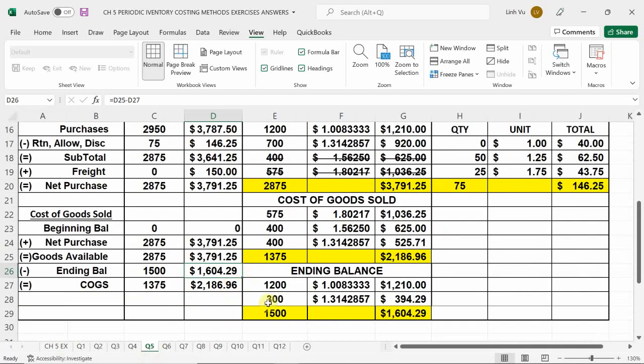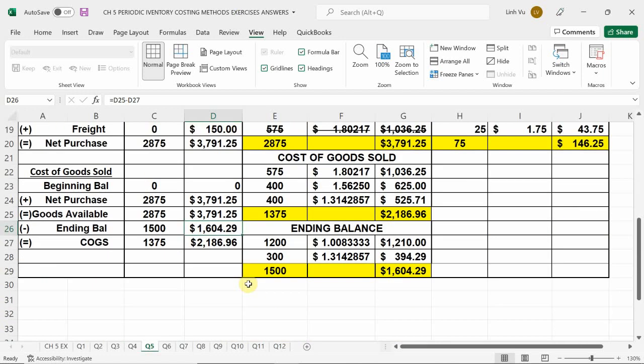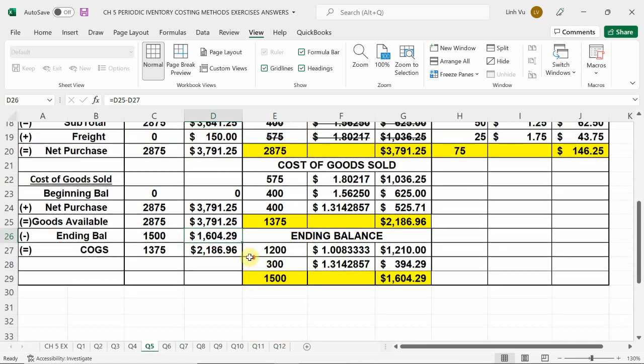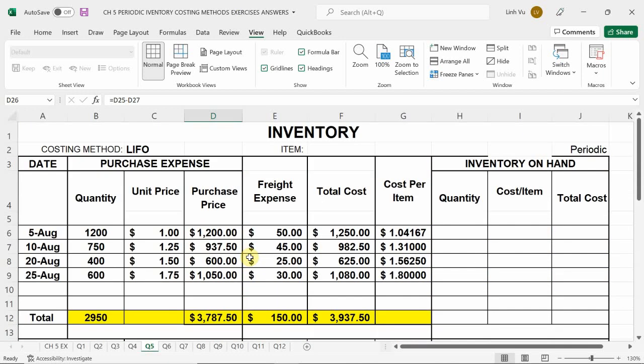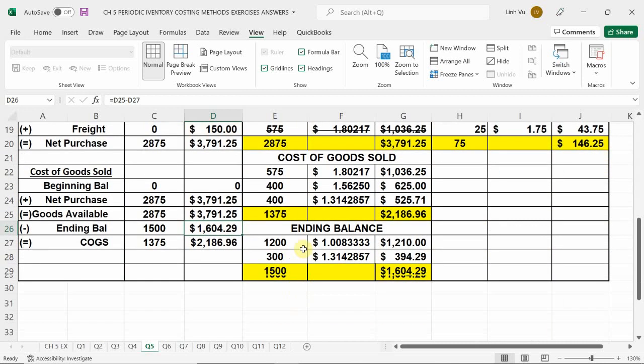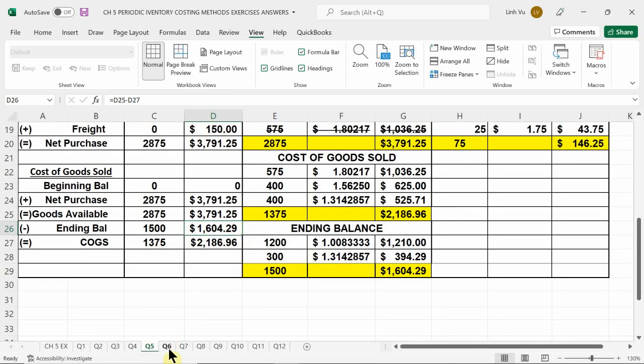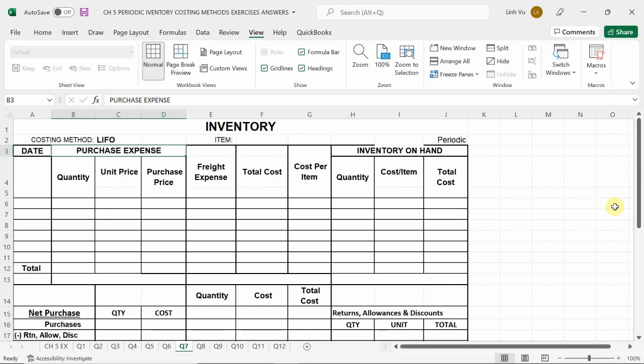We solved right here that we started out with, or we purchased, 1,200 units, and then we had 300 units left over from the second batch. So what we're going to do here is transfer these amounts over into my inventory worksheet in question 7.